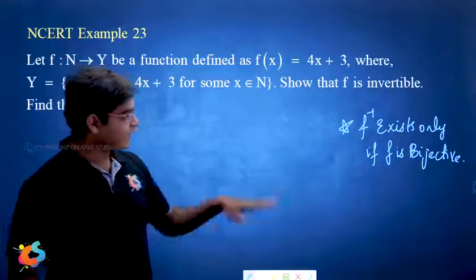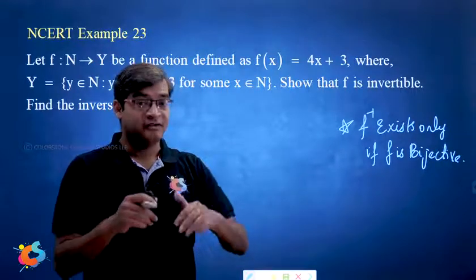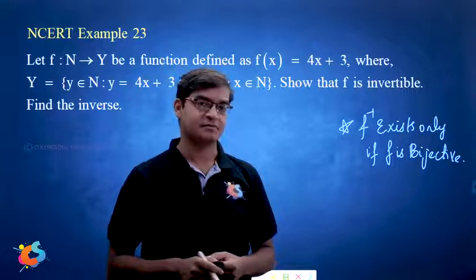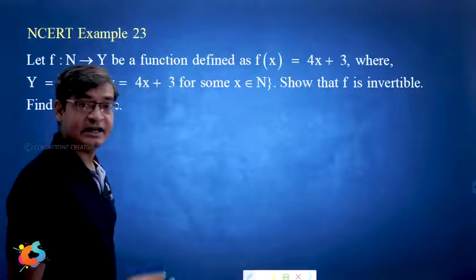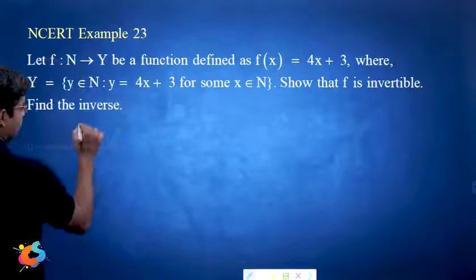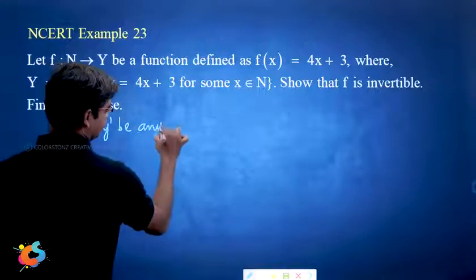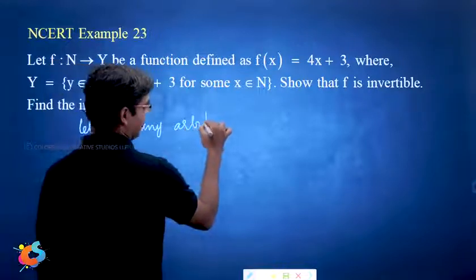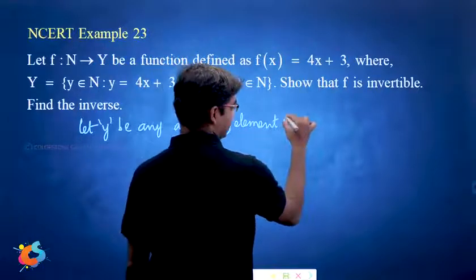Okay, so till here, as I told you, it will take some time to discuss for which functions inverse function exists. Okay, so after this, it is just the normal method in which you have to write for board exams. Let us write. Let y be any arbitrary element in range of f.